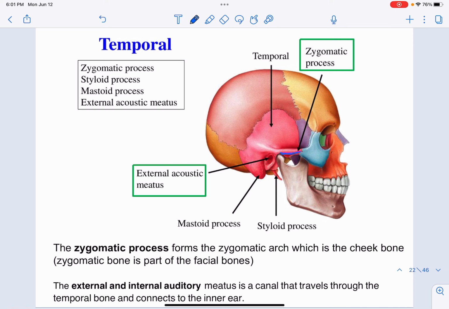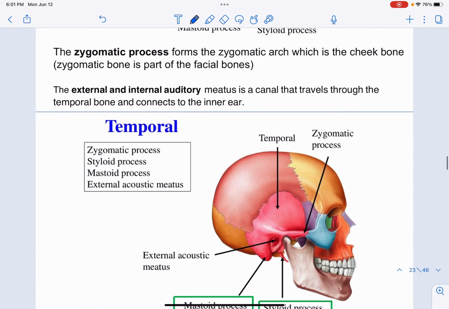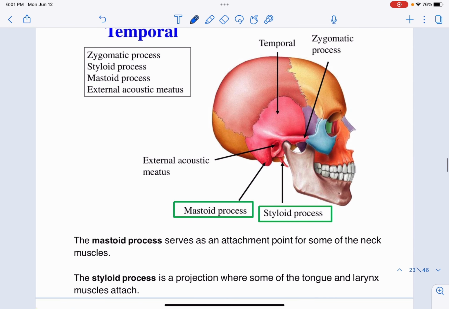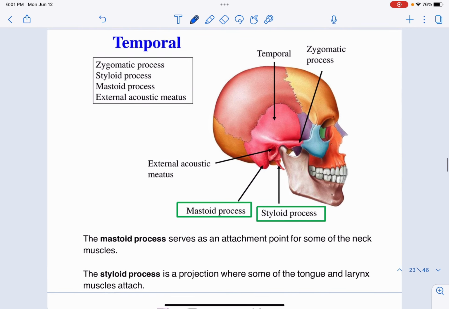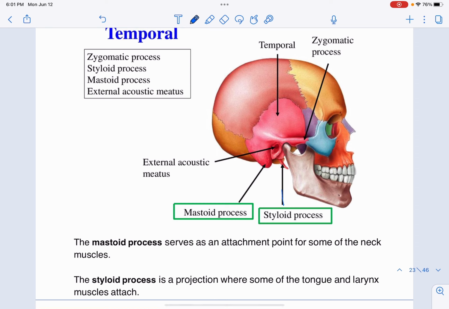Here is the external acoustic meatus. This is the ear canal that will lead to the eardrum. Here's that styloid process right here.